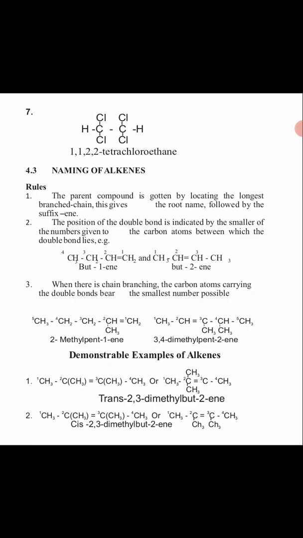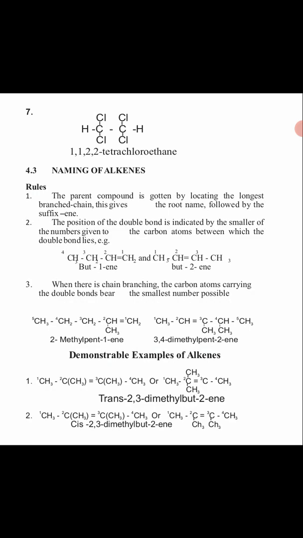Don't forget that alkenes have double bonds. So your numbering, either from the front to the back or from the back to the front, will depend on the location and the position of the double bond. Okay, now look at that example.